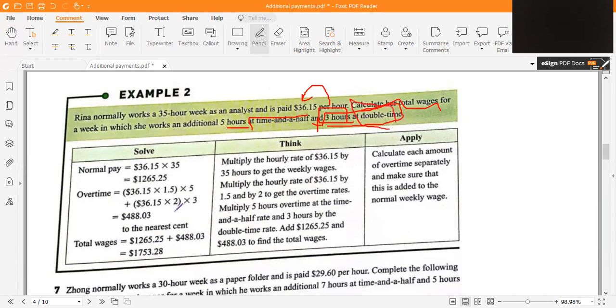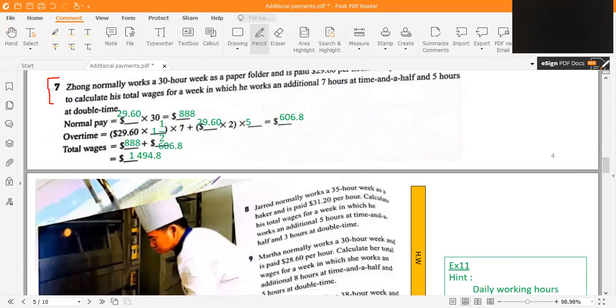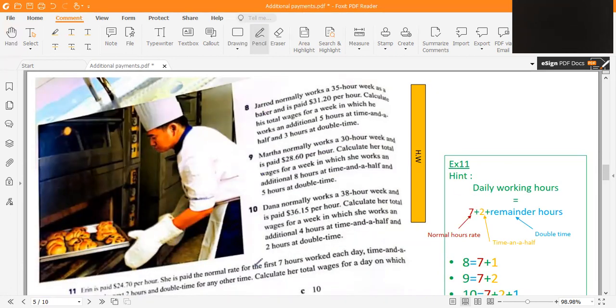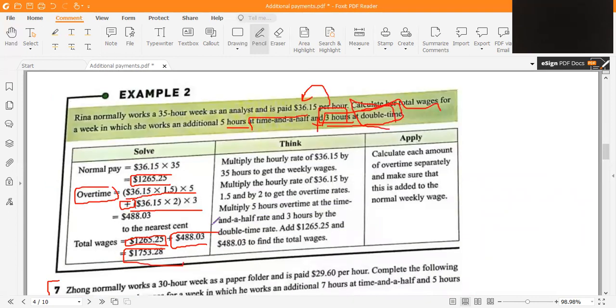Then we add the normal payment and the overtime, which is the addition of the payment for the 5 hours at time and a half and the amount from the overtime of 3 hours at double time, to obtain finally the total wages. Very easy, so solve exercise 7 by yourself, and exercises 8, 9, 10 are very similar to the previous ones.